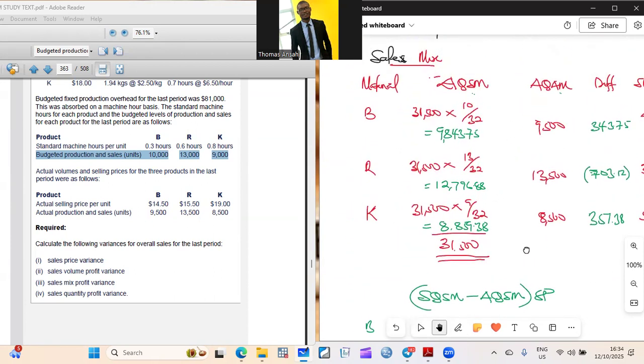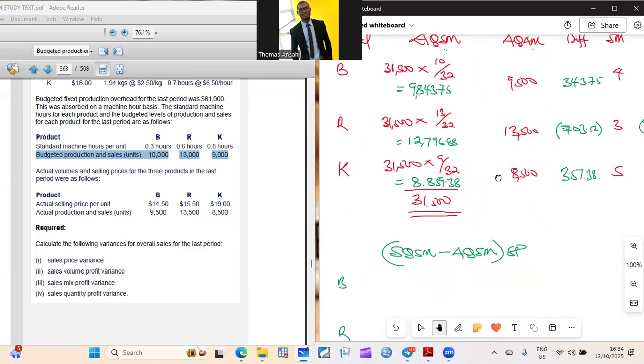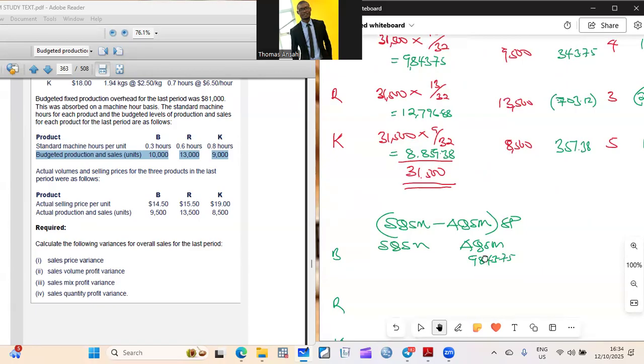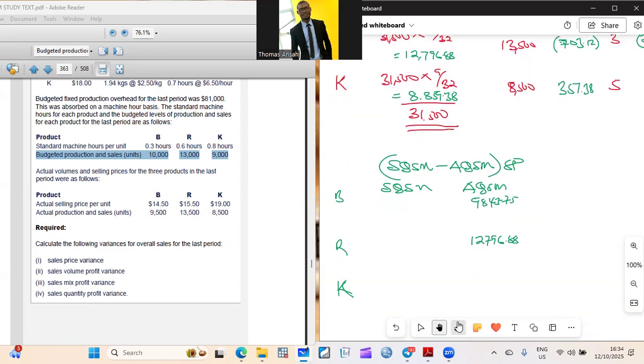Which one is that? AQSM. So copy it and paste. First one is SQSM, AQSM. You have here 9,843.75, 12,796.88, 8,859.38. All right, that's fine.